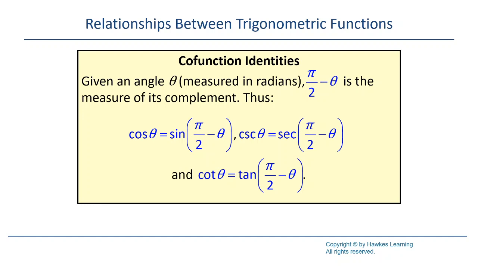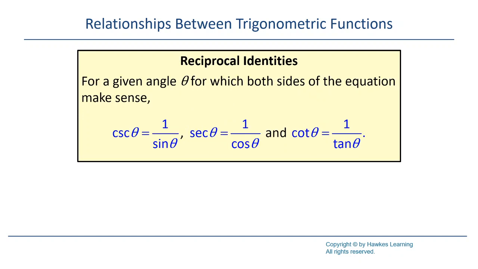And notice this time, your cofunctions actually do get paired up, so that's a whole lot nicer than beforehand. And they're always pi over 2 minus theta, or 180 minus theta if you're in degrees.